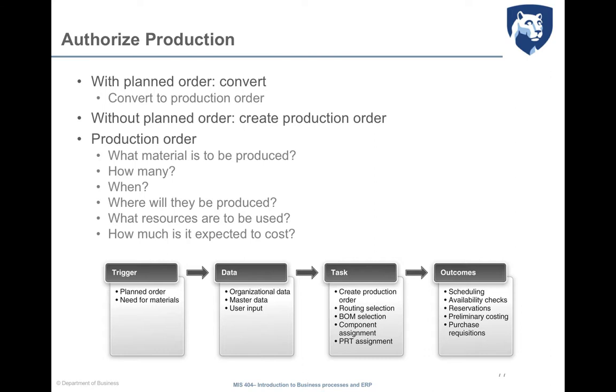Of course, a production order needs to include what material will be produced, how many, when, where they will be produced, what resources will be used, and how much the expected cost will be. Data regarding resources, materials, work centers, and tools will be specified or anticipated in the production order.